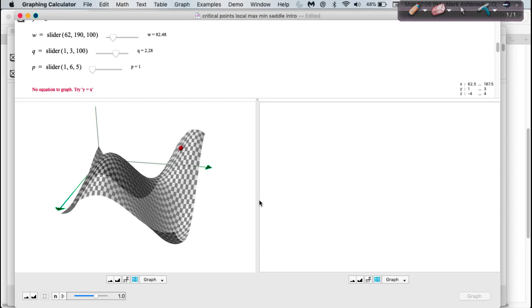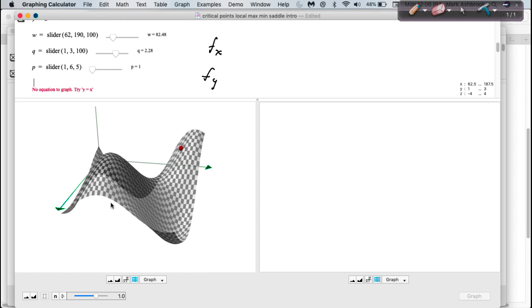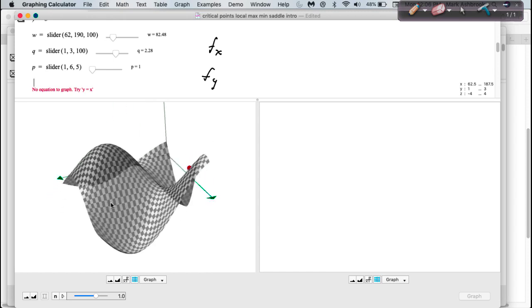Okay, so I got this function here, and I've got a point on this function, and I want you to identify what you could tell me about the partial with respect to x and the partial with respect to y at that point right there. So looking at that, let me just do it.